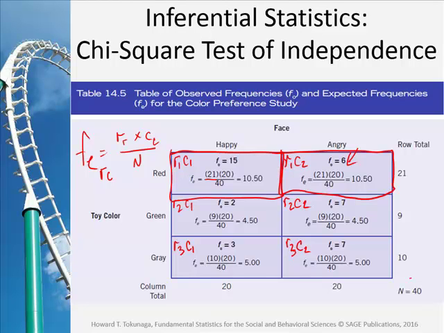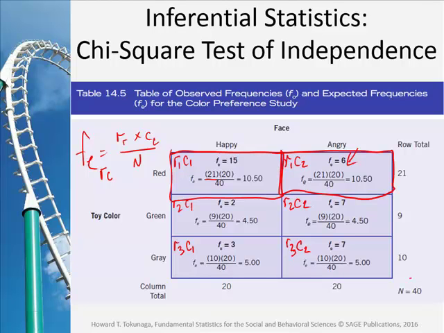If I do the greens, the total of the green row multiplied by the total of the column.